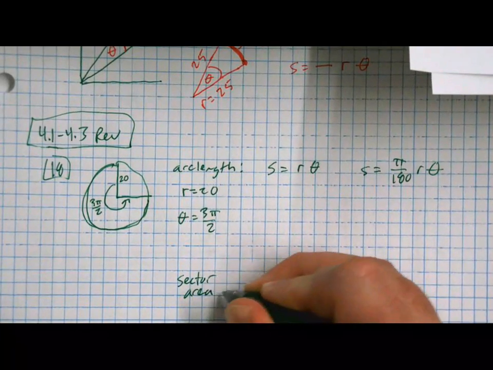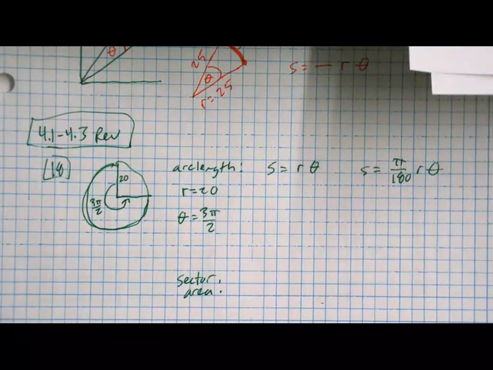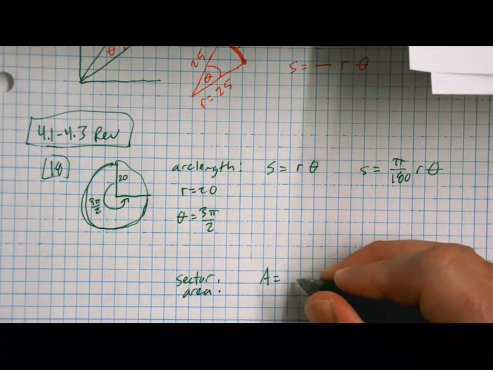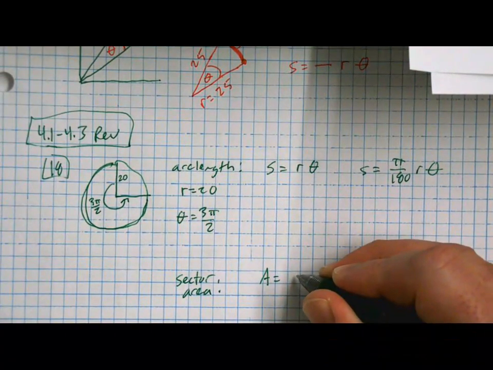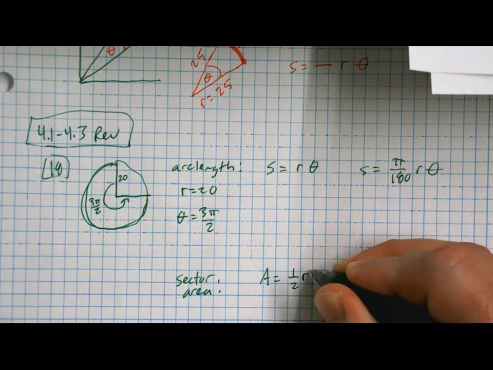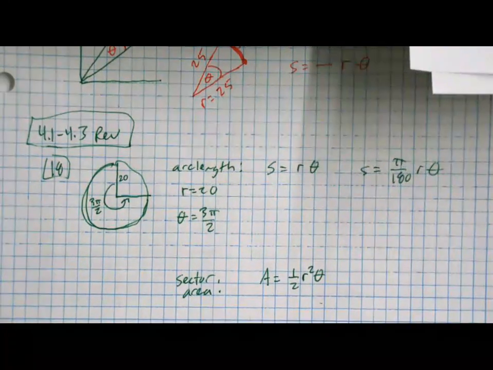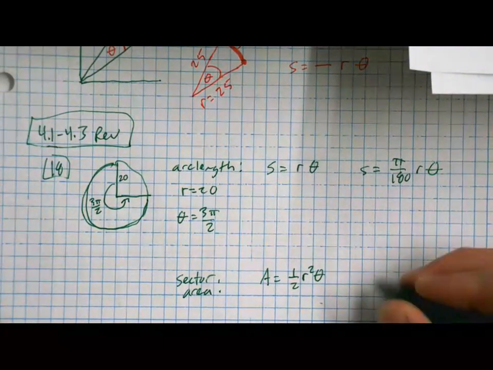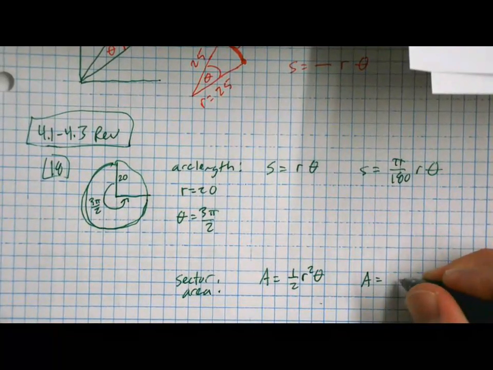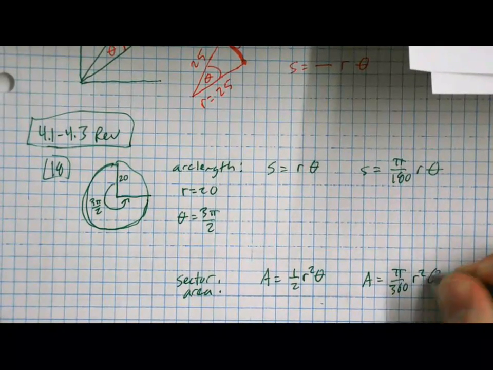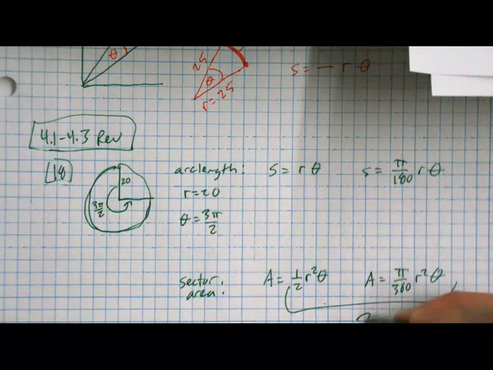I will not be testing you on that, but it usually comes up in the CWU exam. That's area equals, oh geez, a half times r squared theta, I think. You might want to check that. And pi over 360 times r squared theta, but you might want to check these big question marks.